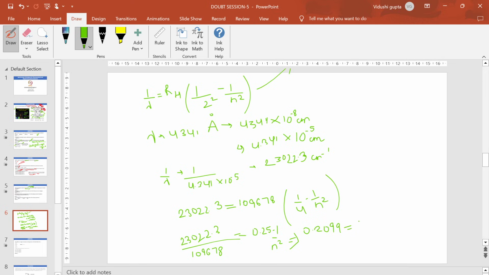0.2099 equals to 0.25 minus 1 by n square. So 1 by n square will be 0.25 minus 0.2099. So it will be 0.0401.